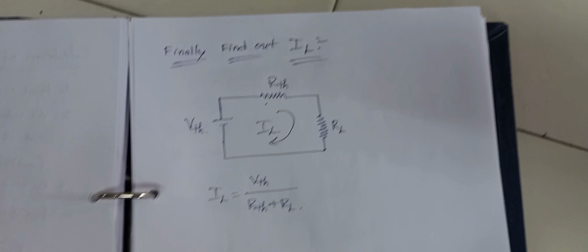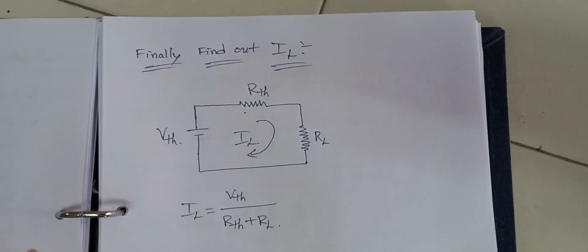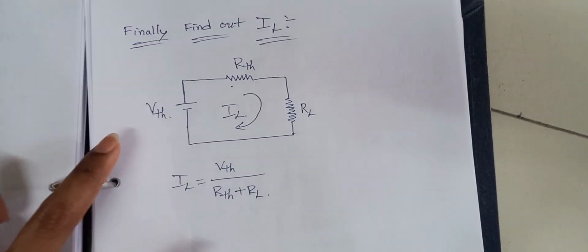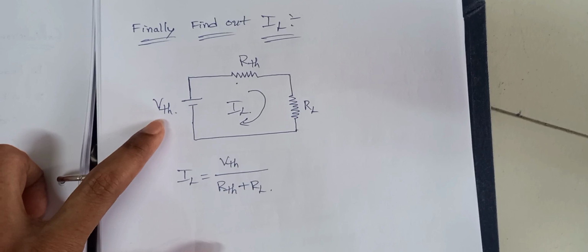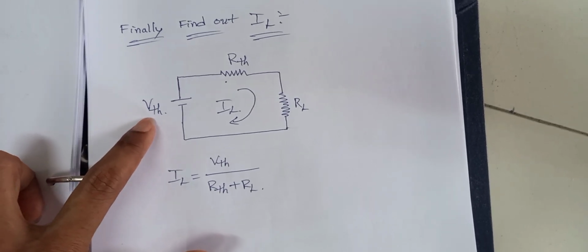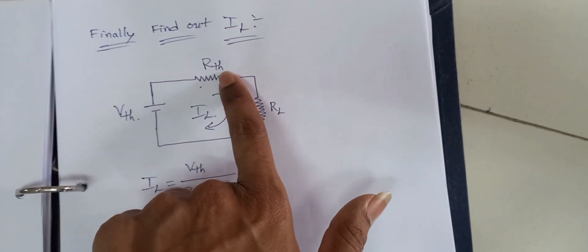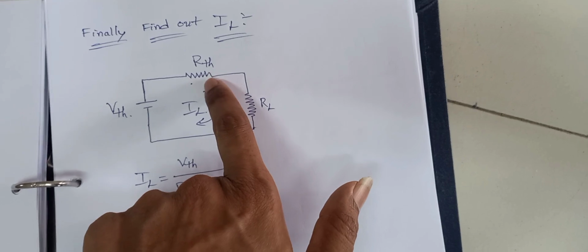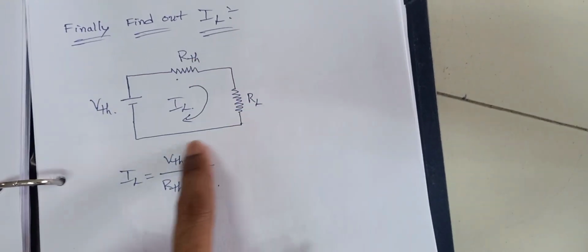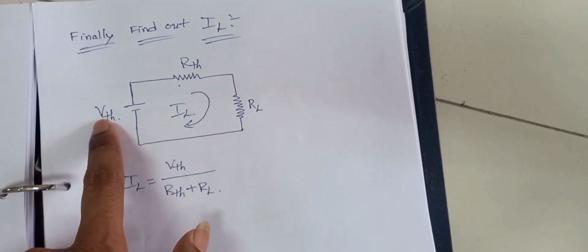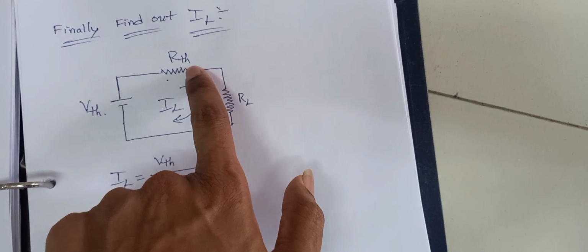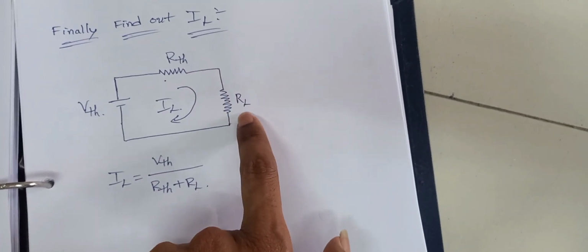Then we will go for finally the load current calculation. According to the load current calculation, use whatever you calculated previously: the Thevenin voltage and the R Thevenin resistance. According to the statement you have to draw this circuit diagram: V Thevenin and R Thevenin and, in series, the load resistance.